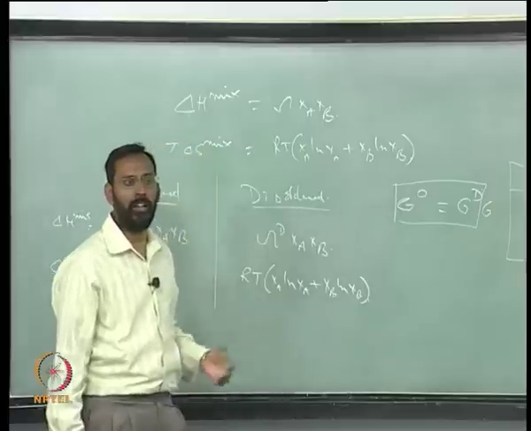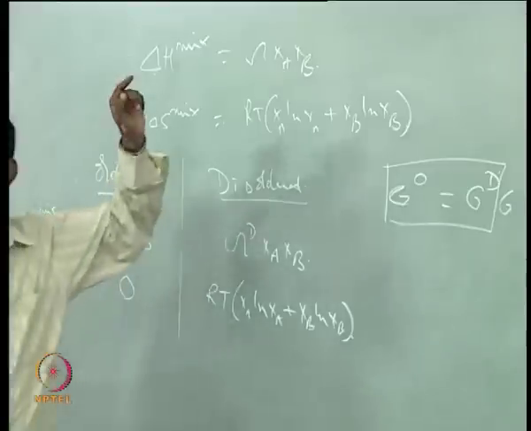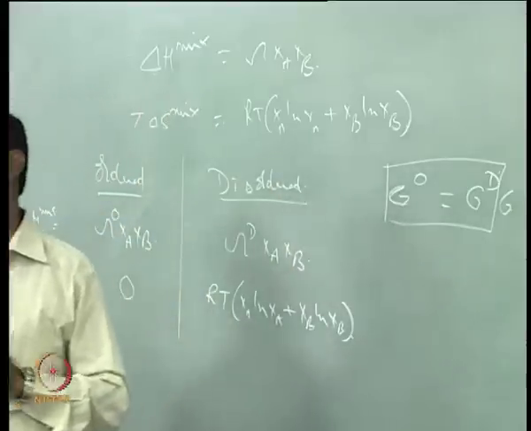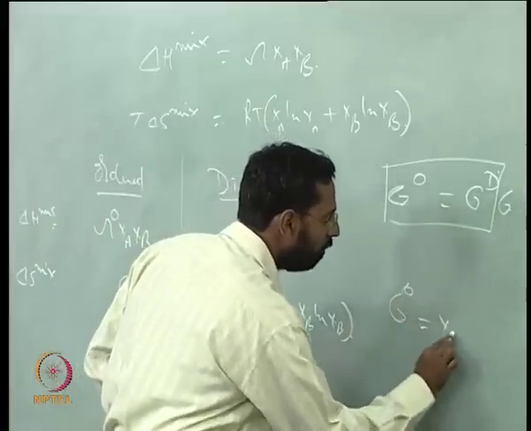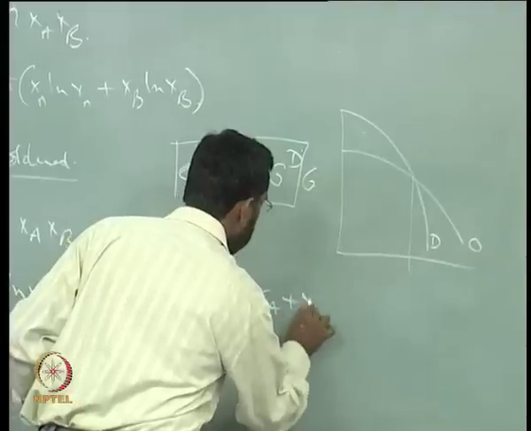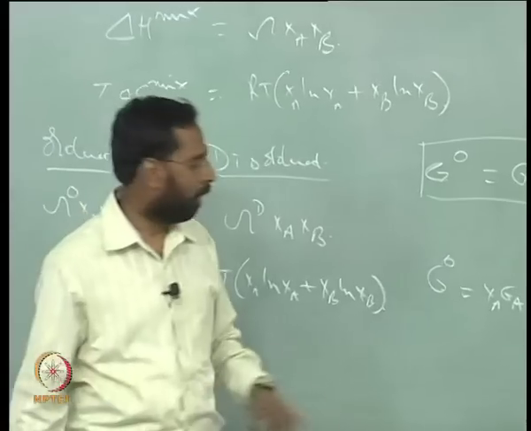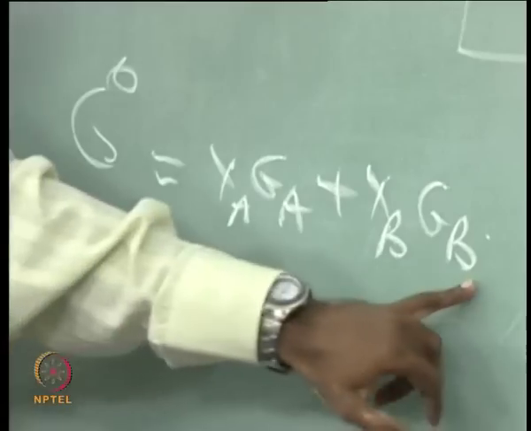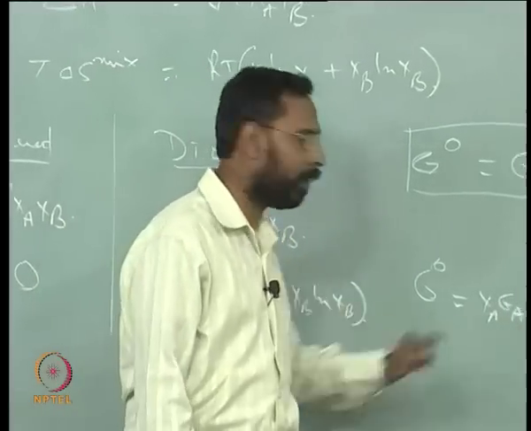And you may ask, where is the thermal entropy coming into the picture? Thermal entropy comes in when you are considering the individual elements, because whenever I write G naught, I say XA GA plus XB GB. You start from here, and thermal entropy would come into these two. So, that has to be remembered.